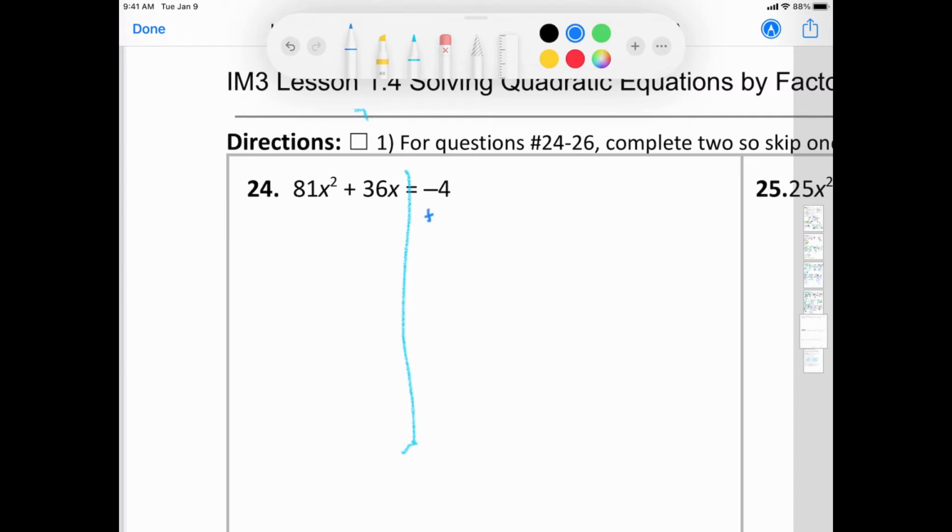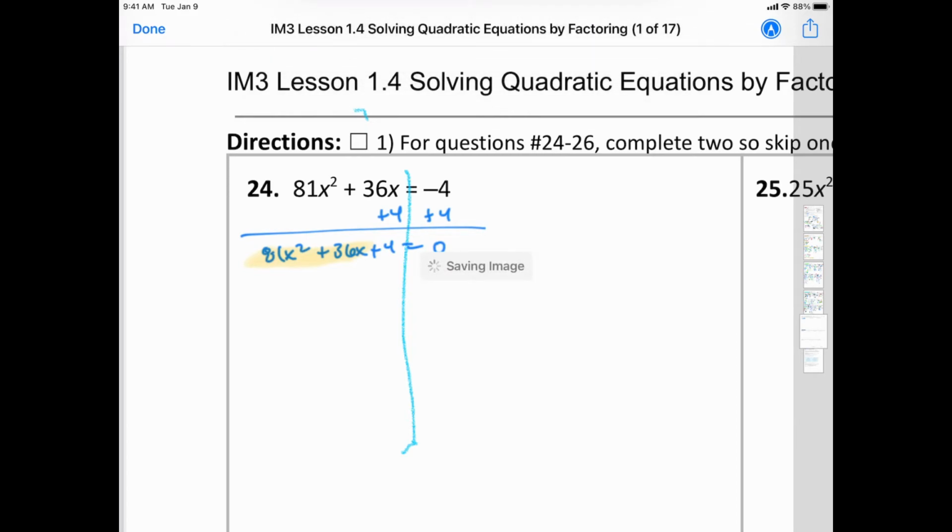All right, I'm going to set it equal to 0. I'm going to see if I can do a substitution for this one. So is there a greatest common factor for each of those?